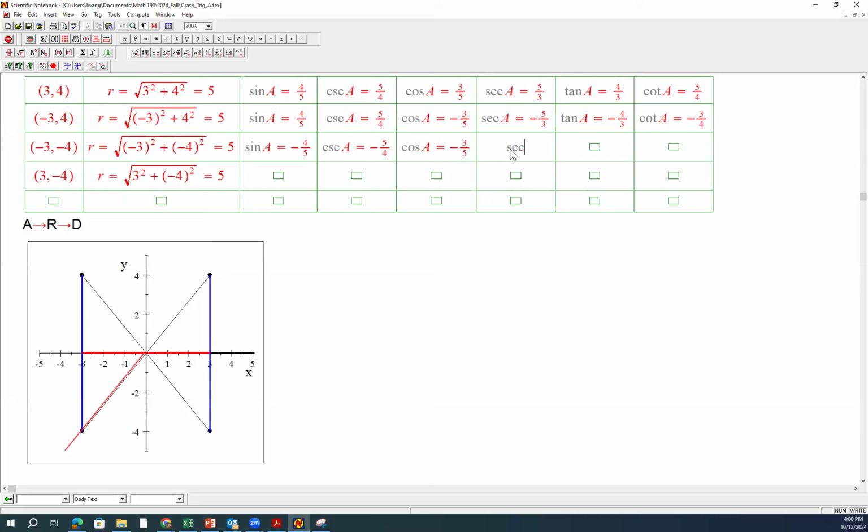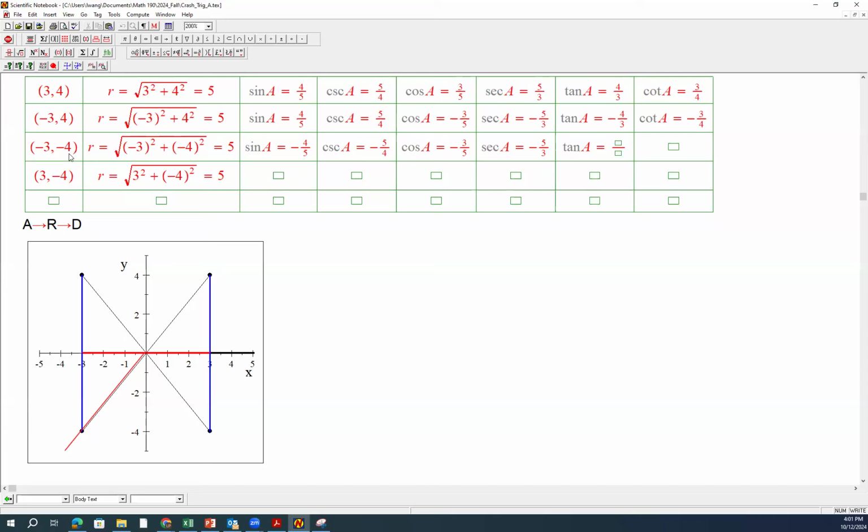And secant of A, which is the reciprocal of it, is 5/3, and there's a negative sign. And tangent is going to be blue over red, right?